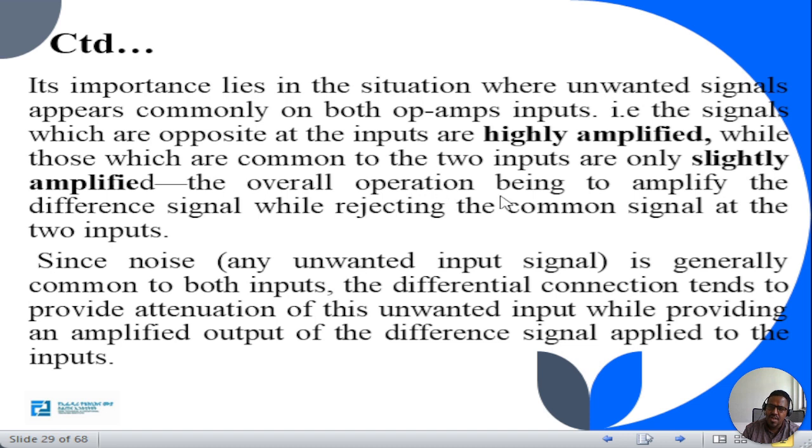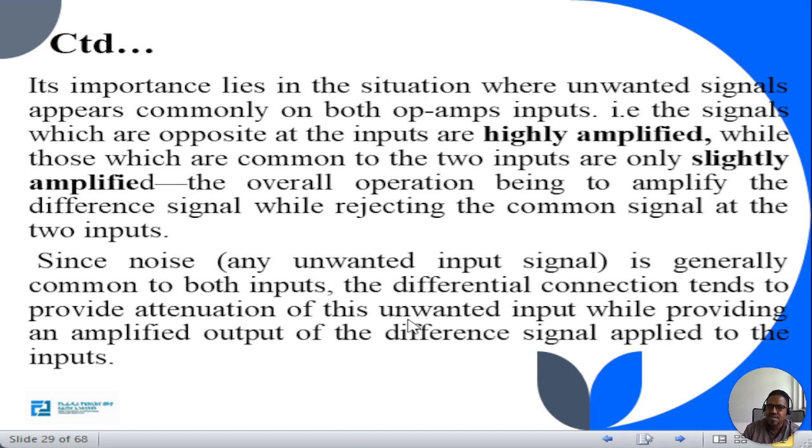The overall operation is to amplify the difference signal while rejecting the common signal at the two inputs. Since noise, any unwanted input signal, is generally common to both inputs, the differential connection tends to provide attenuation of this unwanted input while providing an amplified output of the difference signal applied to the inputs.